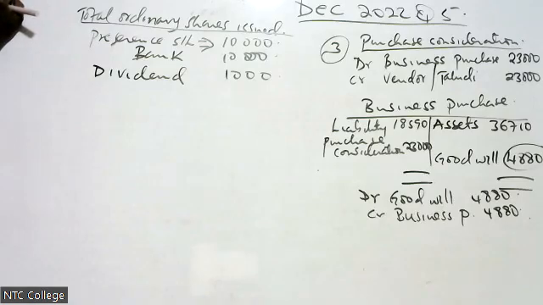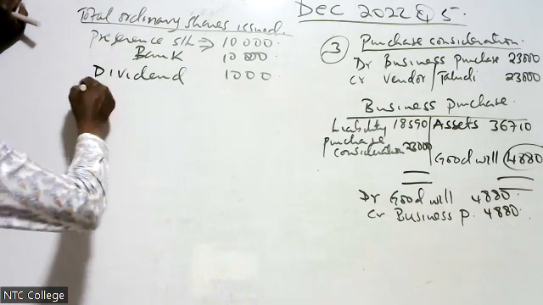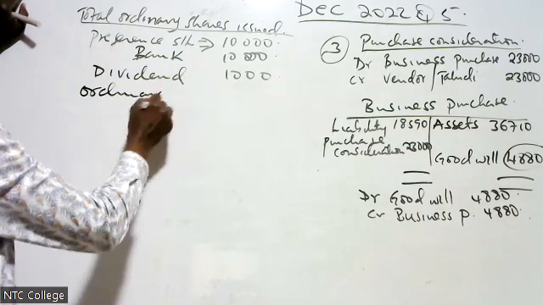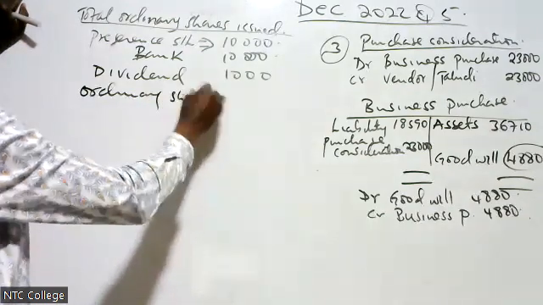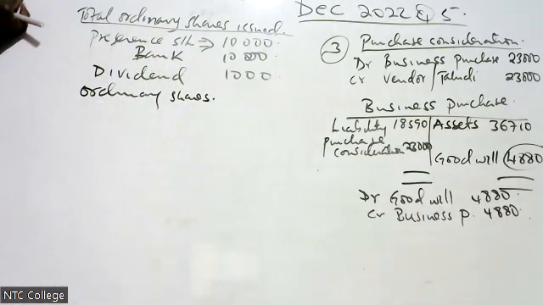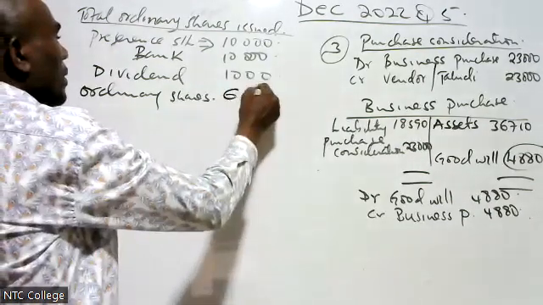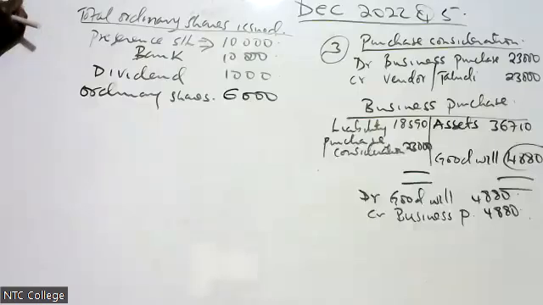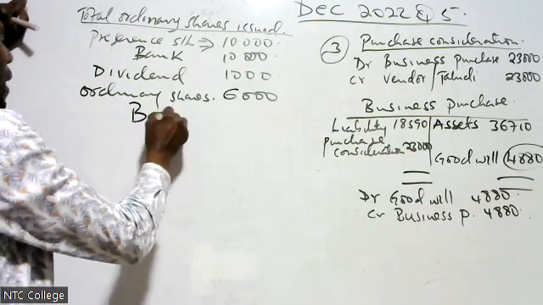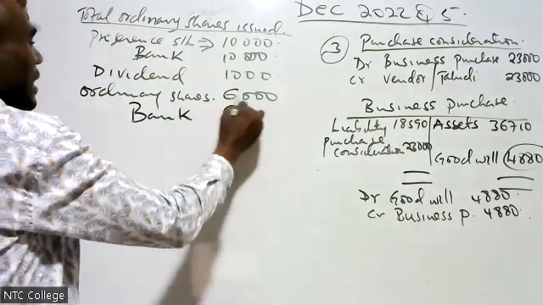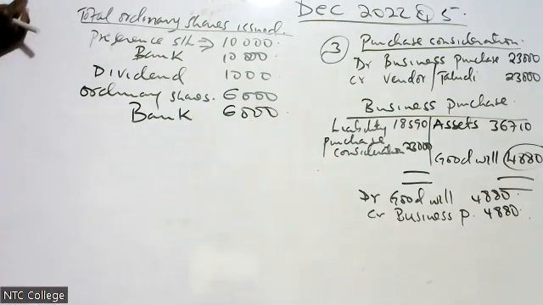We compensated 1,000 dividend, ordinary share. Note number 3 in this question, 1,000. Then on ordinary shares, we also issued 6 million as purchase consideration, compensation. Then they were to add money in our bank account, 6 million, to make their shares fully paid.